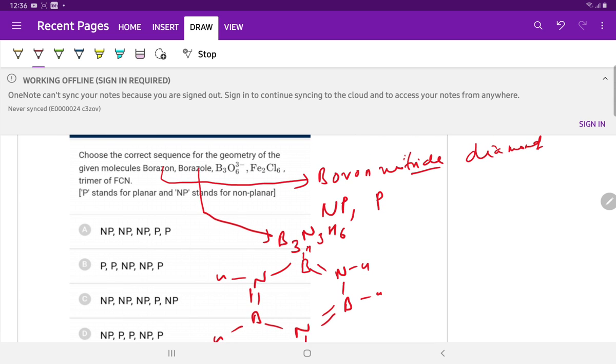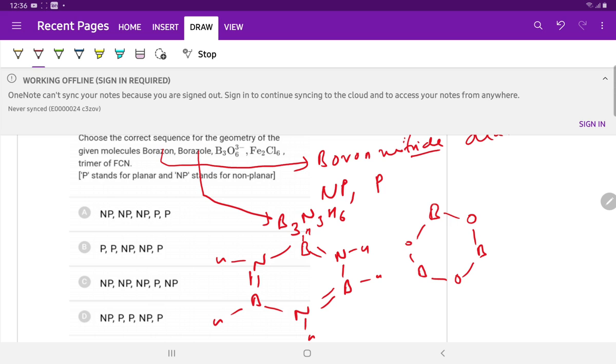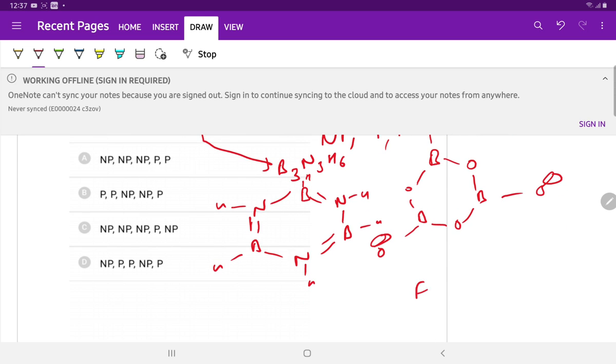So this is planar. B3O6 3 minus is also planar; the structure has O negative, O negative and O negative, so this is also planar. Fe2Cl6 is non-planar.